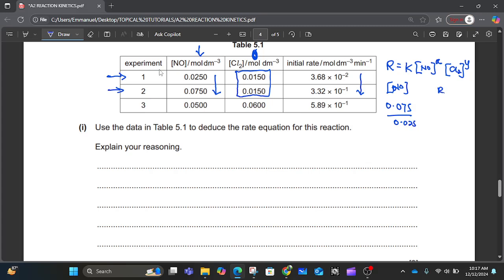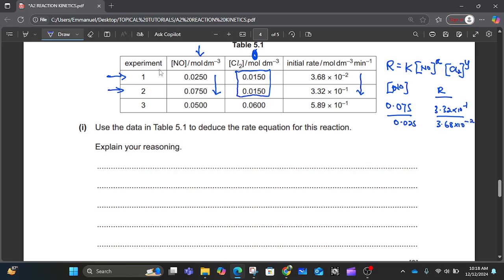And then for the rates, we divide the biggest with the smallest. So that will be 3.32 times 10 exponent minus 1 divided by 3.68 times 10 exponent negative 2.